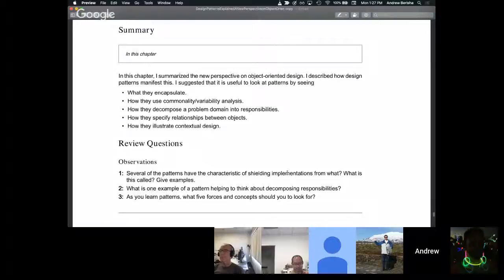It provides me that common ground with others, so now I can look at this code and say, you might want to try to use this pattern.